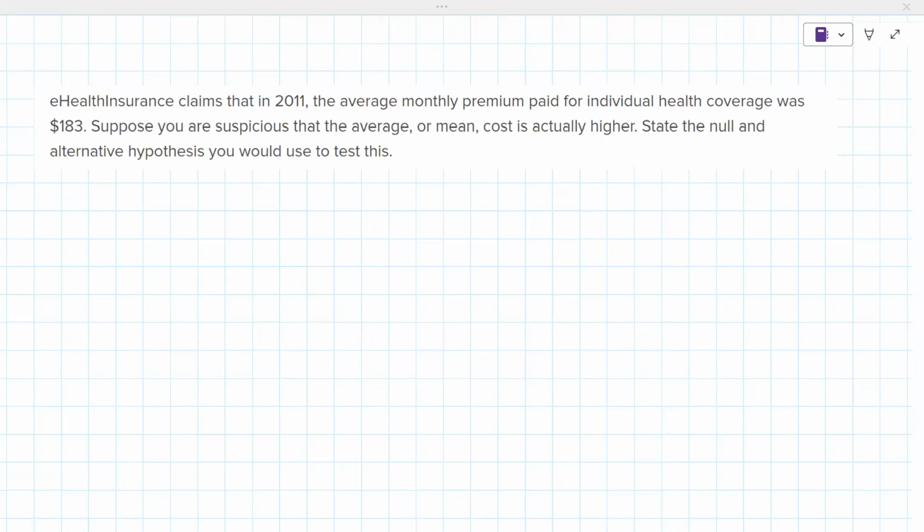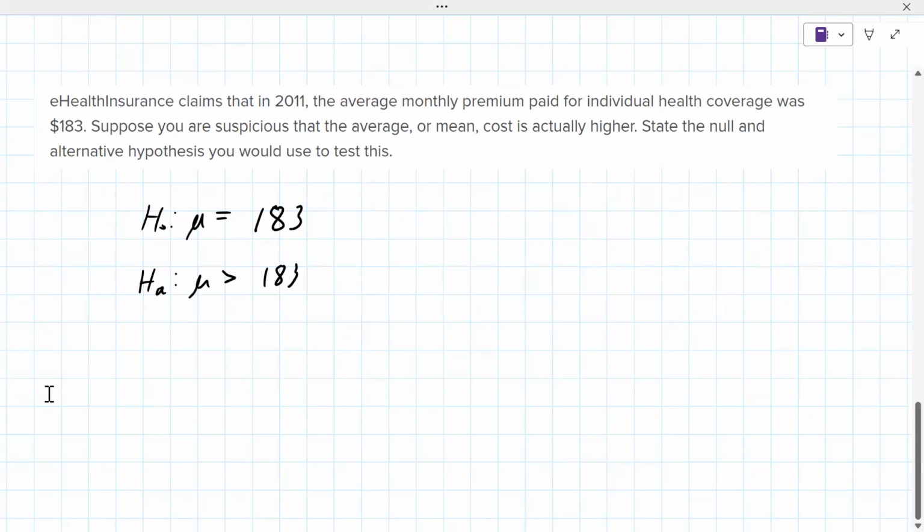Actually higher. Oh, okay. So the null would be mu equals $183. It says it's actually higher. That would be greater than the null. Very good.